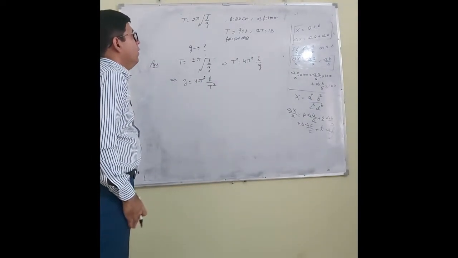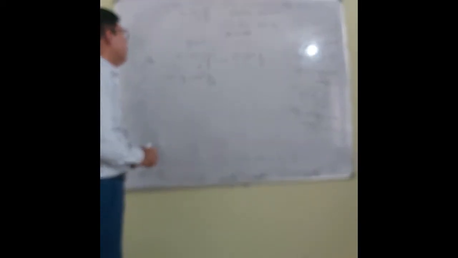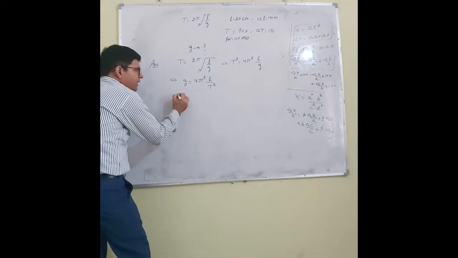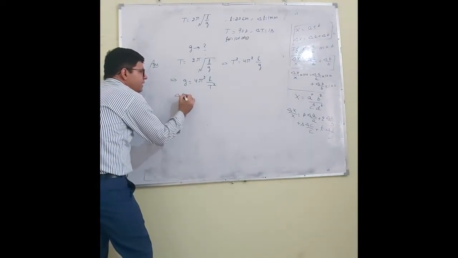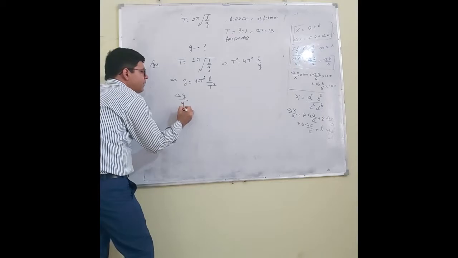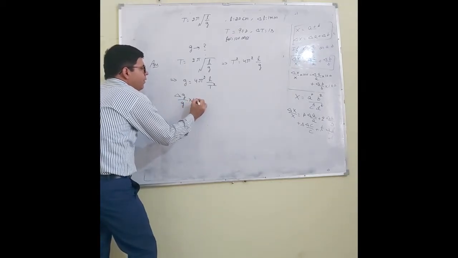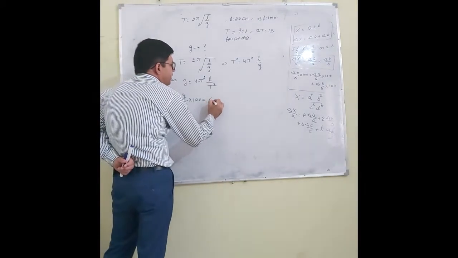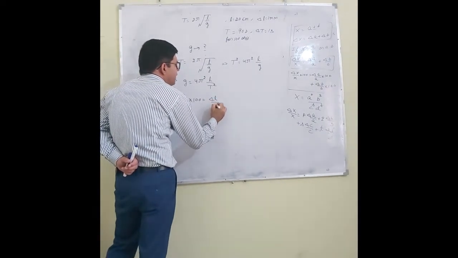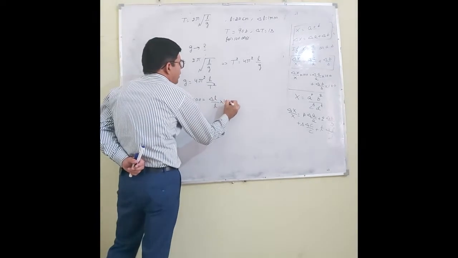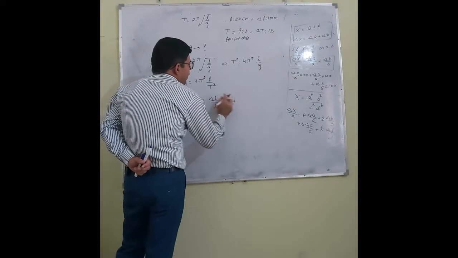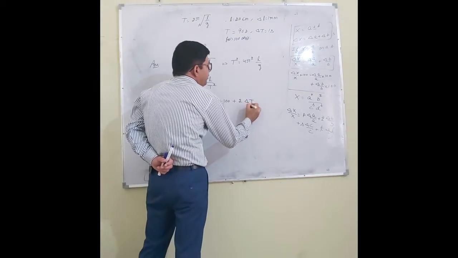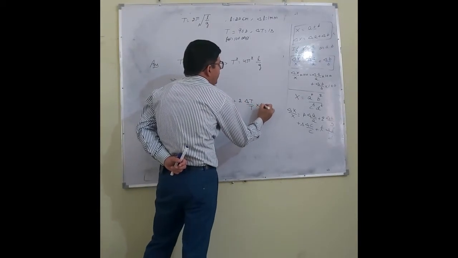Now what I have to calculate is the percentage error in g, which is given by delta g by g multiplied by 100. For 4 pi square, there is no error. Percentage error in length is delta L by L multiplied by 100, and for T square, take power 2, so 2 delta T by T multiplied by 100.